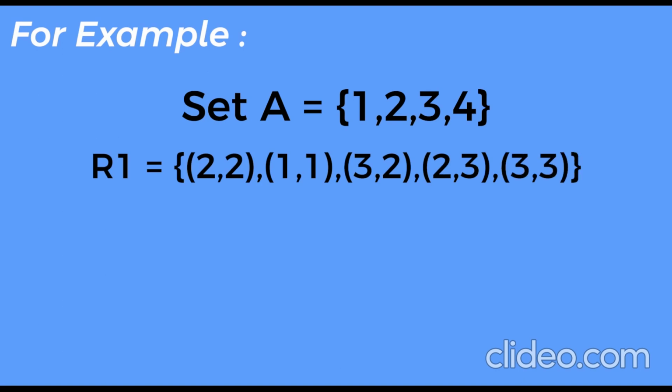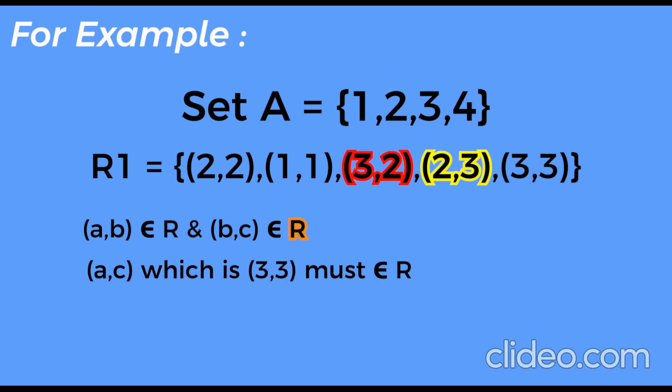As we said earlier, (a, b) must belong to R and (b, c) must belong to R. So just compare the ordered pairs (3, 2) and (2, 3). We know that both belong to R. Thus, (a, c), which is (3, 3), belongs to R. So we can conclude that R is a transitive relation on A.